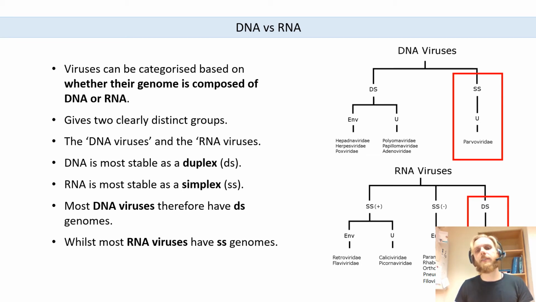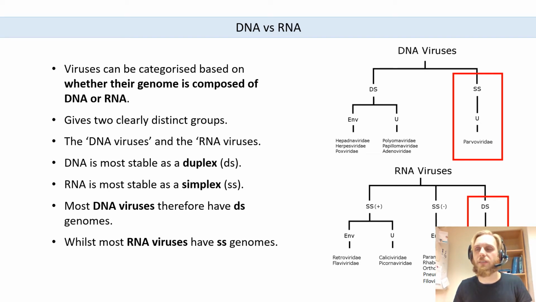The reason is DNA is most stable when it's double-stranded. So most viruses that have evolved to have a DNA genome have evolved to have a double-stranded DNA genome because single-stranded DNA just isn't very stable. The reverse is true for the RNA viruses. RNA is most stable when it's single-stranded.